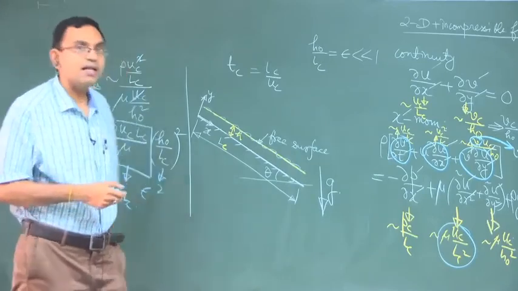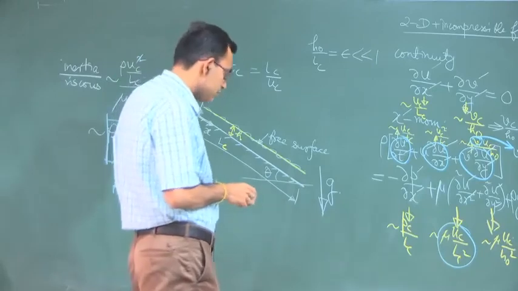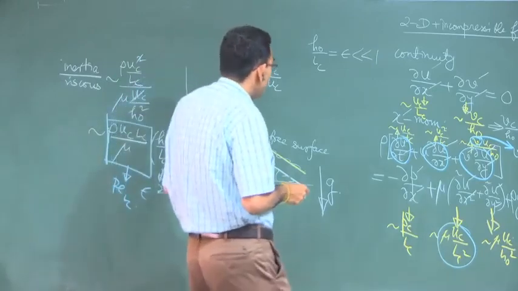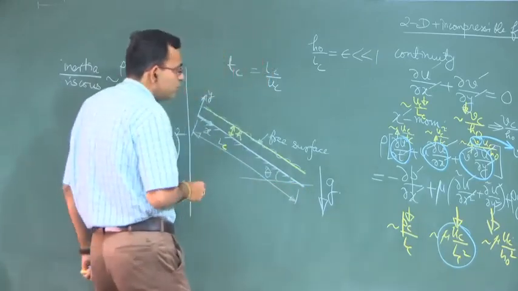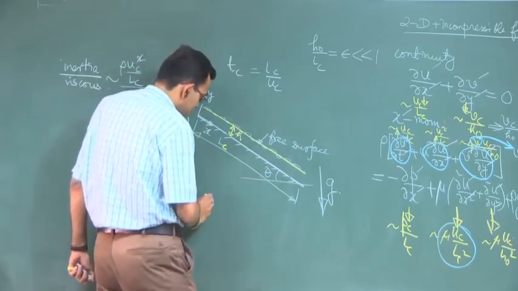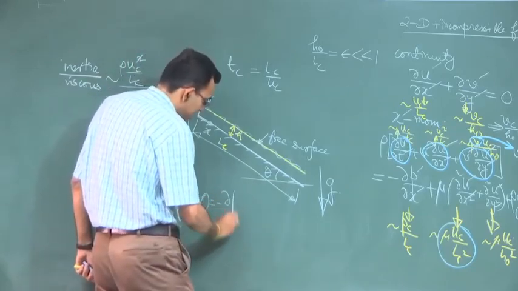Once we neglect the inertial effects, the governing equation boils down to a very simple scenario: 0 is equal to minus del.